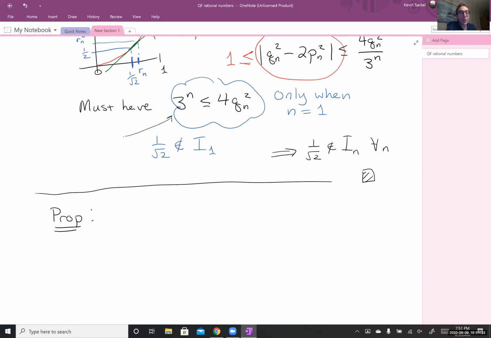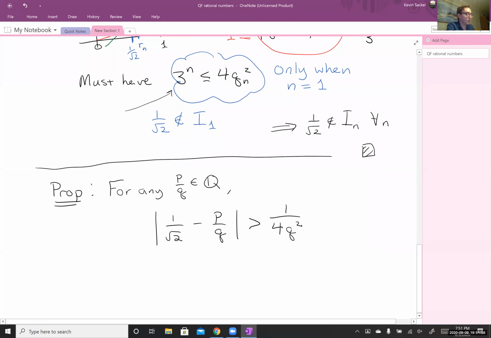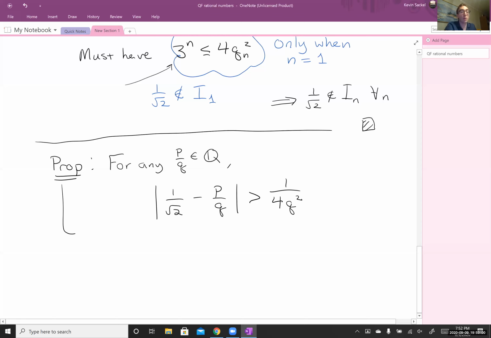But what you should instead think is that what's more fundamental is that for any rational number p over q, we have that 1 divided by the square root of 2 minus p over q is greater than 1 over 4 times q squared. That's really what we proved, not just that this difference is greater than 1 over 3 to the n, where n is the number that appears in the enumeration.